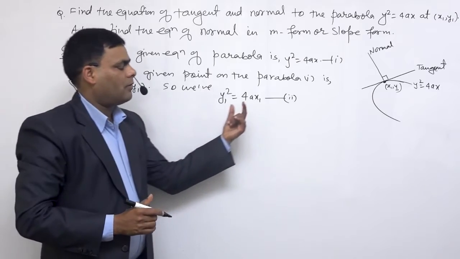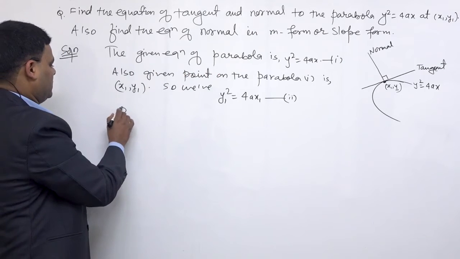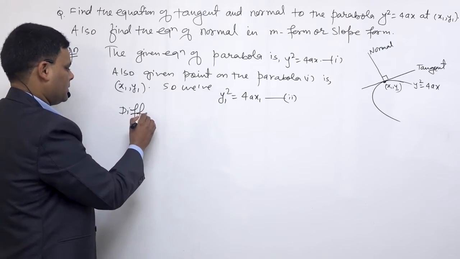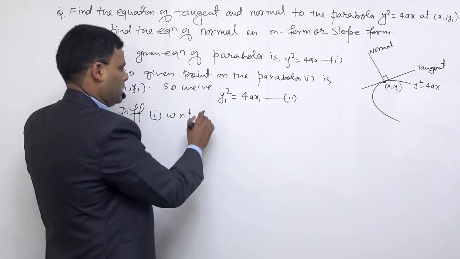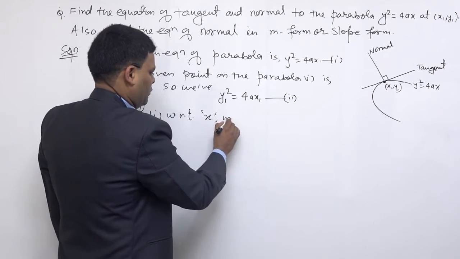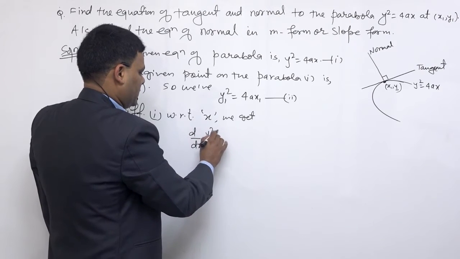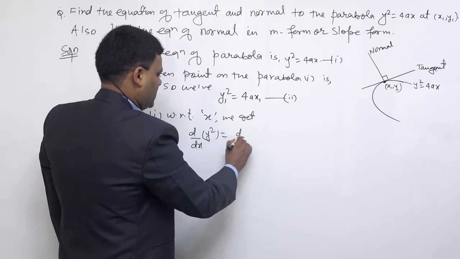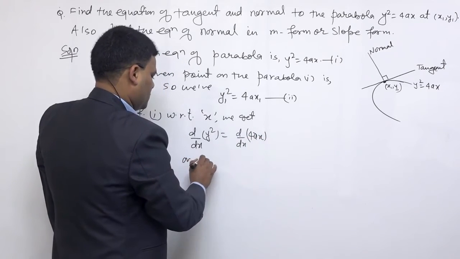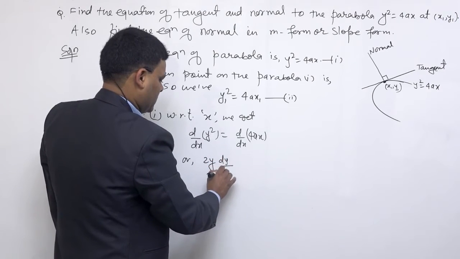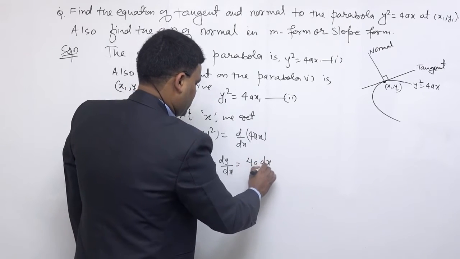To get the equation of tangent, now we differentiate 1. Differentiating 1 with respect to x, we get d by dx of y square equals to d by dx of 4ax, or 2y dy by dx equals to 4a into dx upon dx.